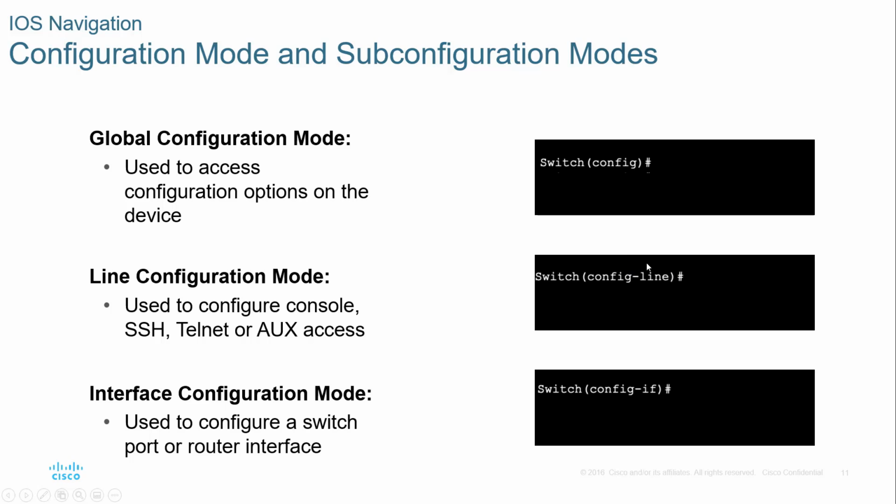If we are looking at an interface, we will actually be at a subcommand, the config-if. These are just some of the interfaces, not all of them. So as we dive deeper into the devices, we will actually be reviewing additional config line syntax and whatnot.